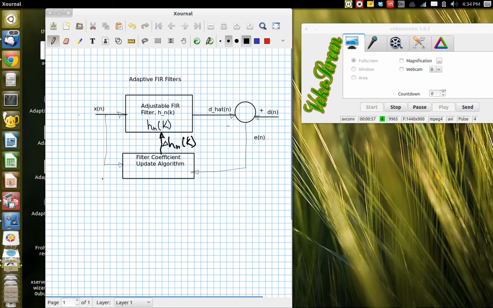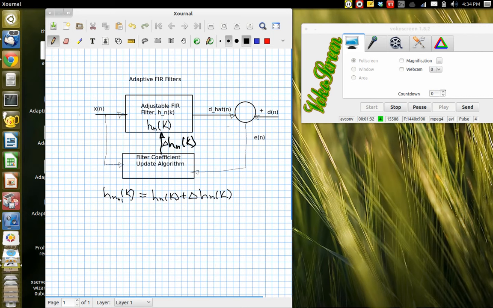So what we're going to do is say n is the iteration number, and every FIR filter has a number of coefficients, and k indexes those. So we could write h sub n plus 1 of k equals h sub n of k plus delta h sub n of k.